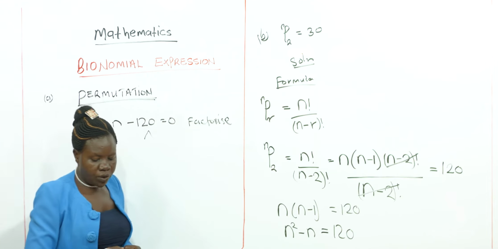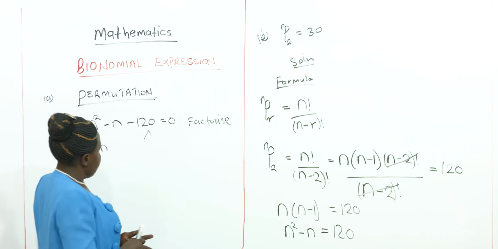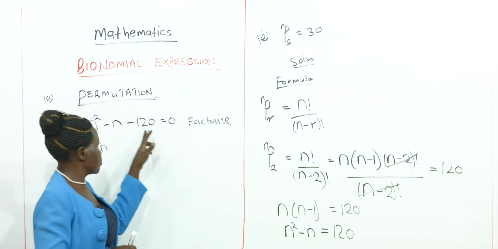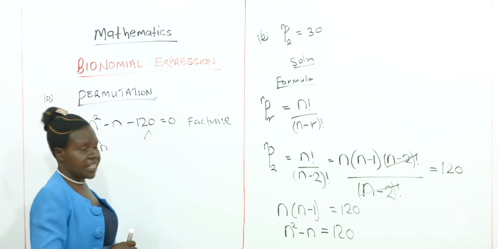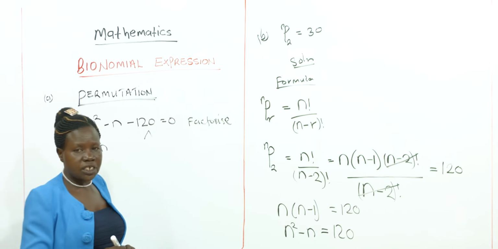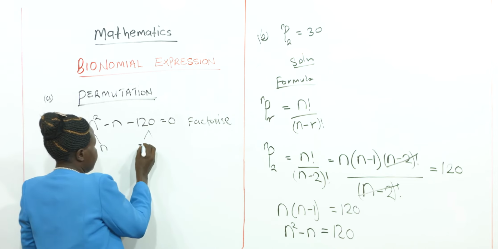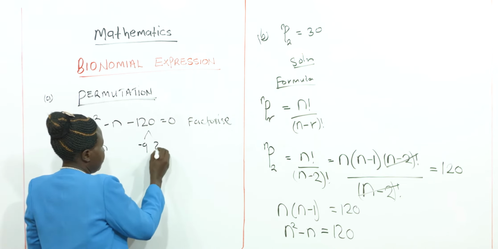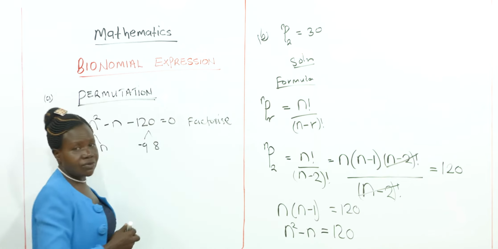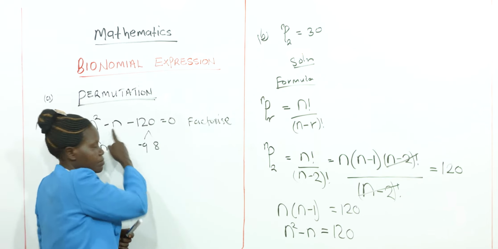And then we also look at the factors, the numbers that we can multiply to give us 120, and when we add them, it must give us negative 1, which is negative n. So you find that we have negative 9 and positive 8, because when I multiply them I get negative 120, and when I add them, I get negative 1.